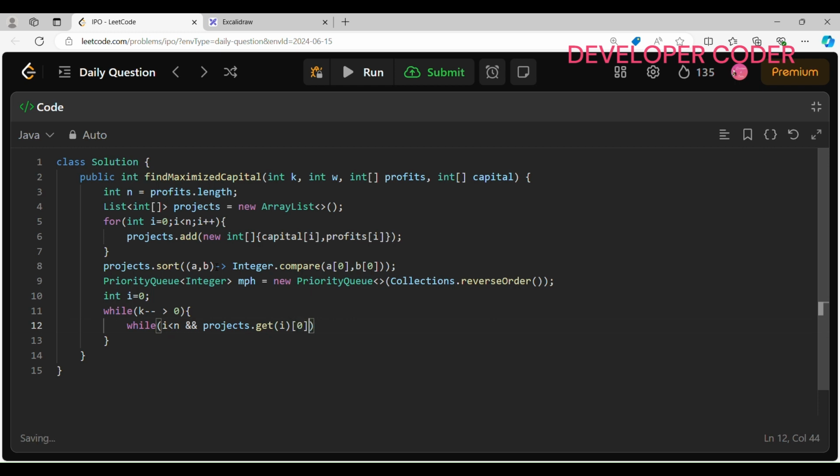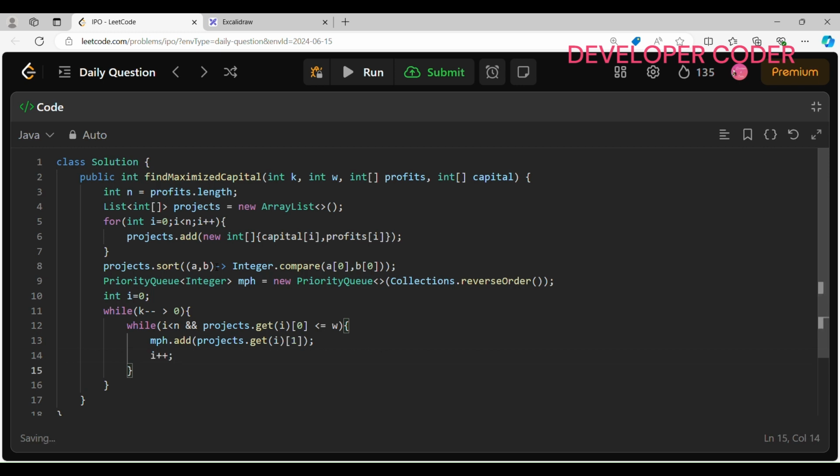Here I am just checking if their capital is less than or equal to my W value. In that case only I can use it. If that is the case, then definitely I have to add that in my max profit heap, so mph dot add. I have told you that we just need to add the profits in my max heap of the projects that I can use. So here I'm just going to add profits: get i, and here index 1. At index 1 we are storing the profits. Then inside that I am going to increment my i.